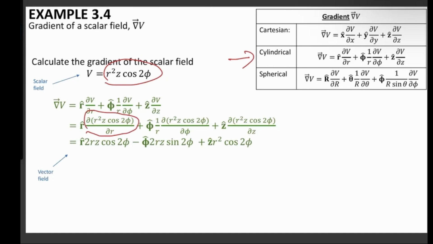Then we do the partial derivative with respect to phi and get this value, and then the partial derivative with respect to z, and we get this value.